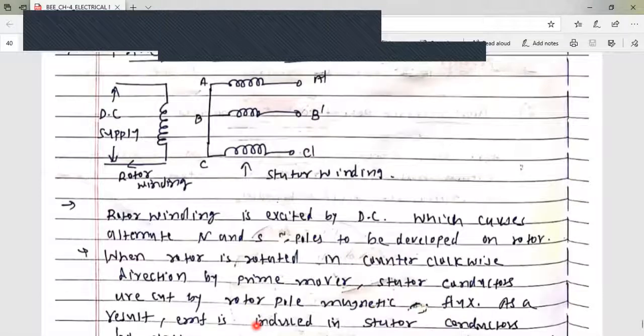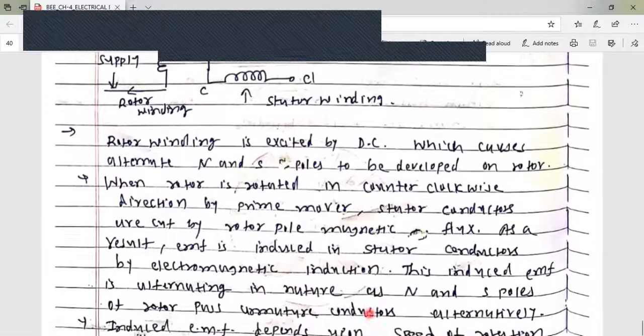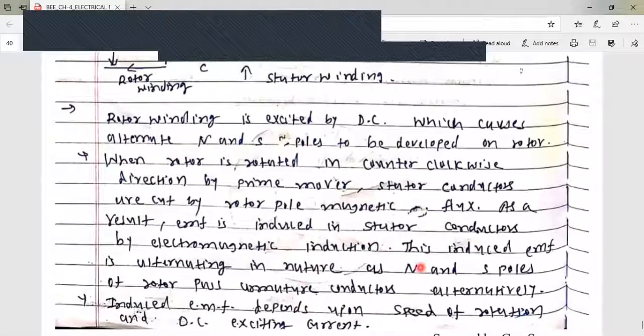As a result, EMF is produced in stator conductors by electromagnetic induction. We know that. And due to that electromagnetic induction, the induced EMF is produced, and it is alternating in nature, because north and south poles of the rotor pass the armature conductors alternately.